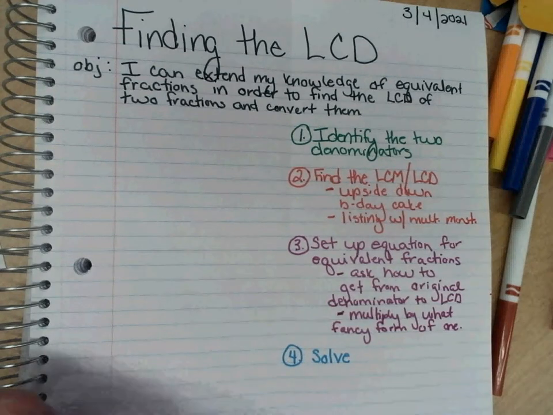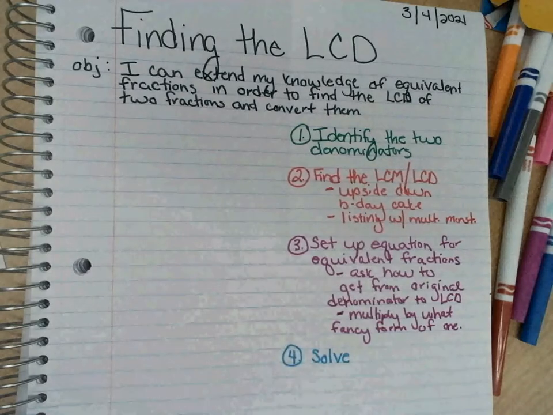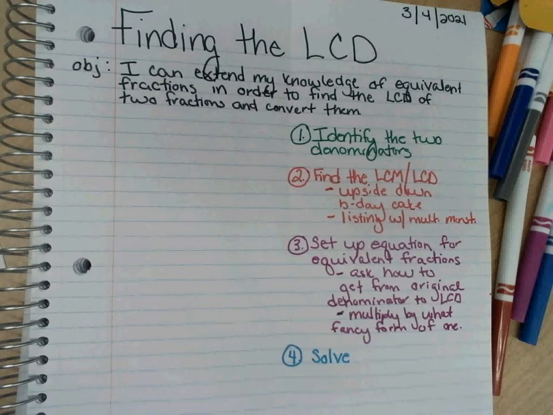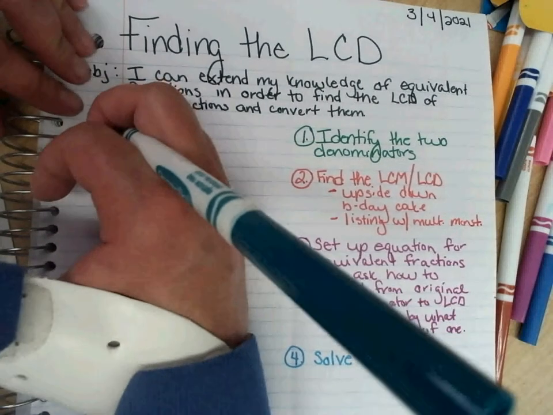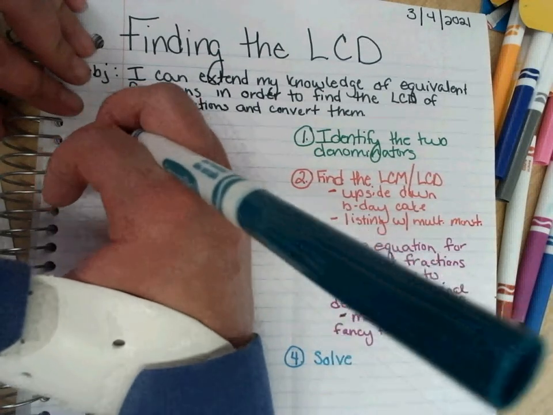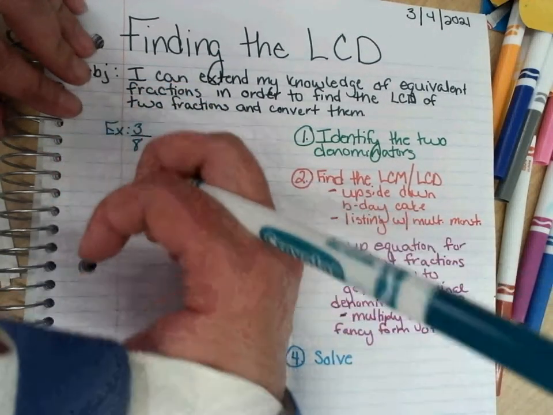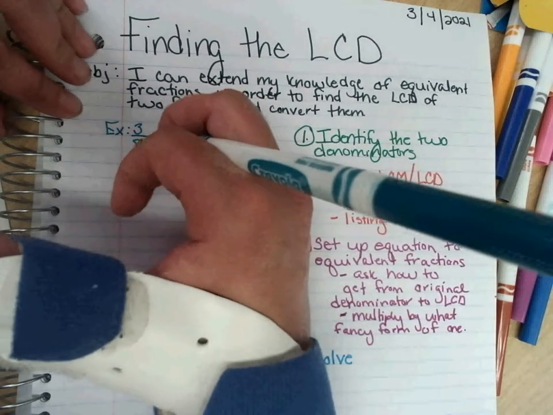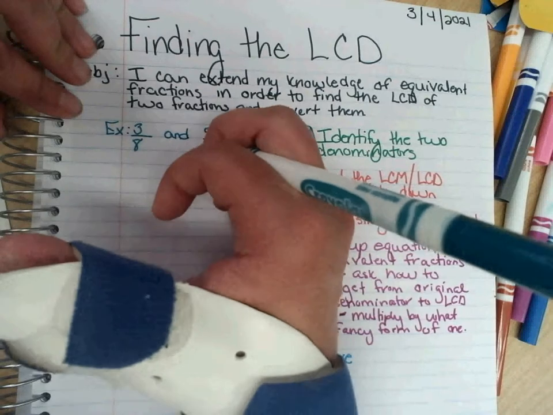We're going to do a couple of example problems, and then we're going to save some room to do some example problems in class. The first example problem that I want to look at here is I have three eighths and 9/20.